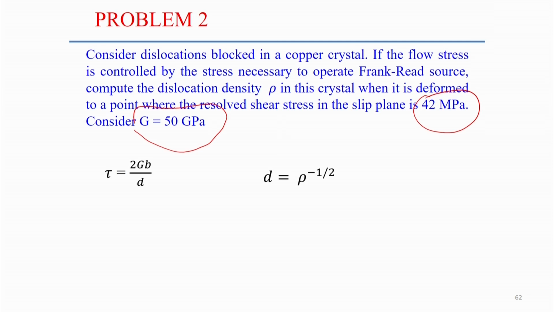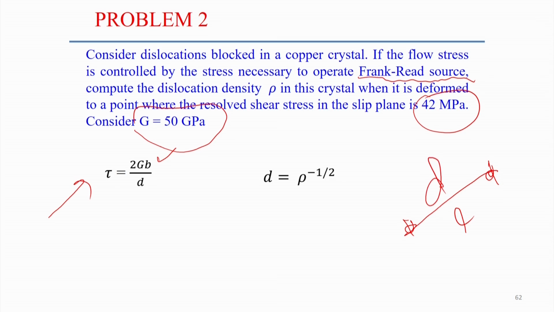Here it is mentioned that the stress is necessary to operate the Frank-Read source. According to the mechanism of dislocation generation by the Frank-Read source, when the dislocation bows to the semicircular form, we can directly estimate the shear stress required. The relation involves the shear stress, the shear modulus, the Burgers vector, and d, which is the distance between these two points of the dislocation.